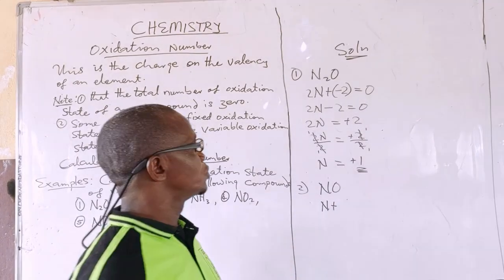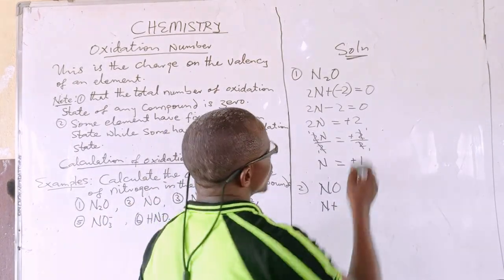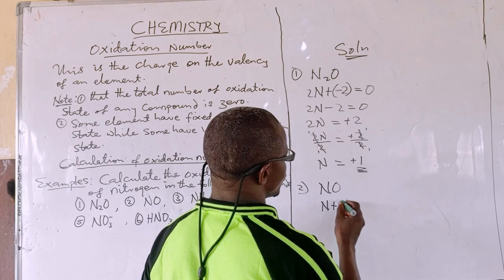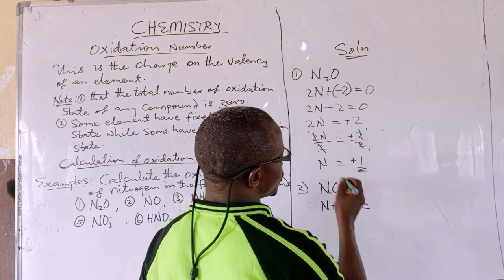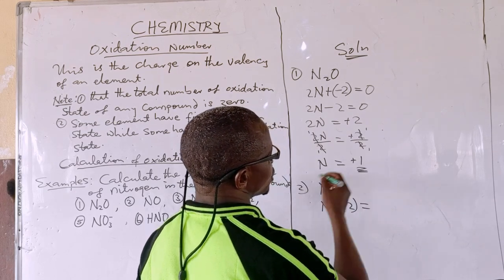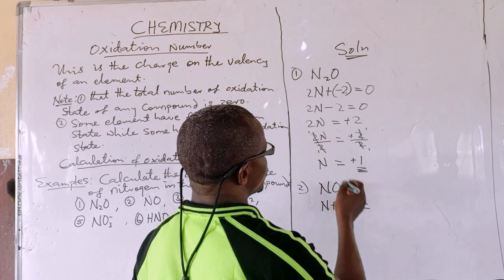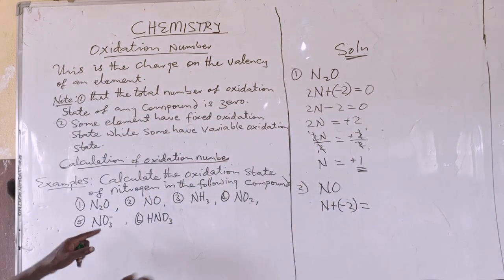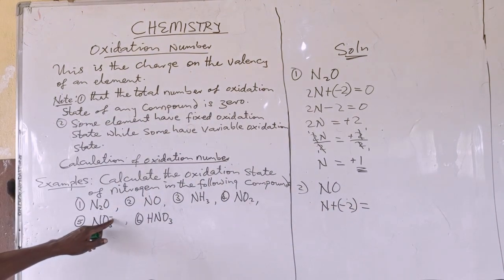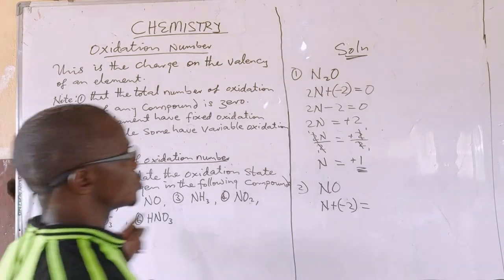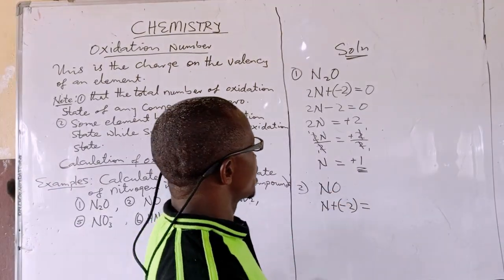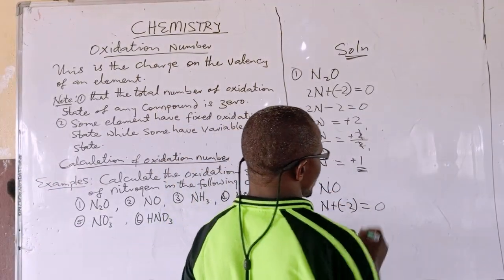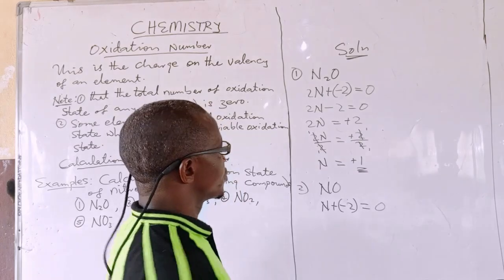I believe you still remember, it's always minus 2. Equate it to 0 because it has no charge. No plus, no minus attached to this compound. Like this one, this one has a charge, so we will not equate it to 0, but this one we will equate to 0. Now use mathematics and solve the problem.